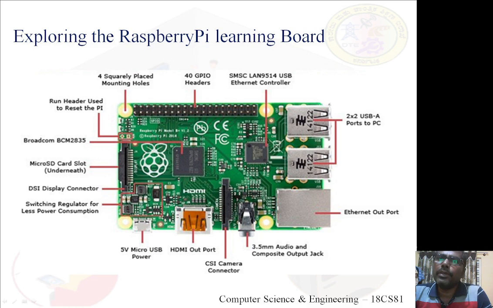So I repeat, through HDMI output we are connecting a display, that is a monitor, to a computer. CSI camera connector means through this interface I can connect a camera.